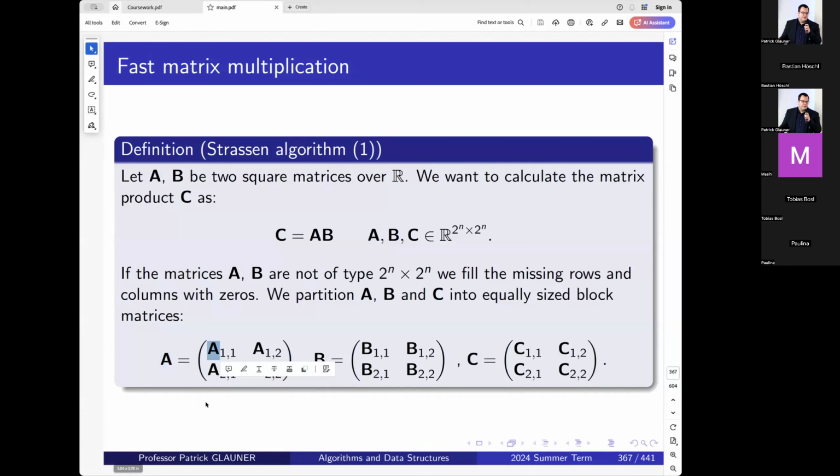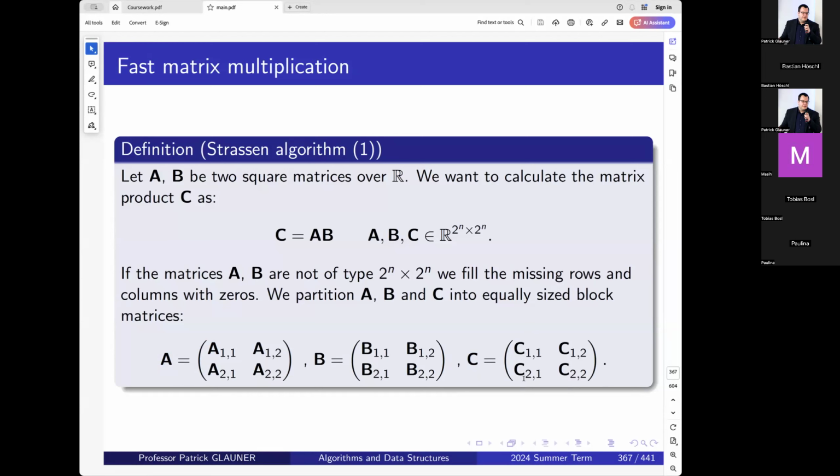That means it's still a matrix, because before on my slides, I used a lowercase character, which was not bold, that was a scalar value, but here this is still a matrix. So A11 is a block matrix. And our result C that we want to calculate is also a block matrix of 4 equally sized blocks.